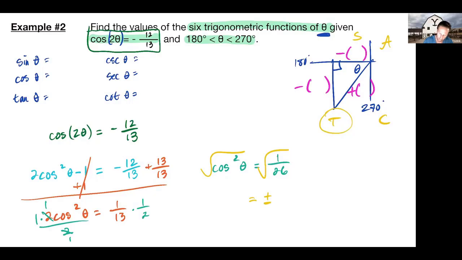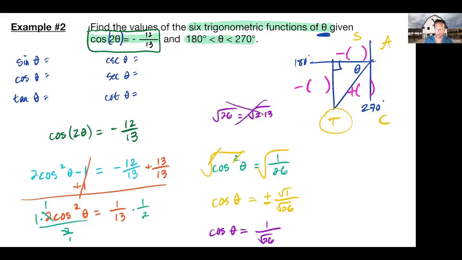However, we're going to go ahead and take that square root to get cosine of theta, and then I'm going to go ahead and split it as the square root of 1 over the square root of 26, because I do know the square root of 1. So in this case, I will rewrite it as 1 over the square root of 26, which if I split that up into its factors, is 2 times 13, with no perfect square under there, so it does me no good to rewrite it.